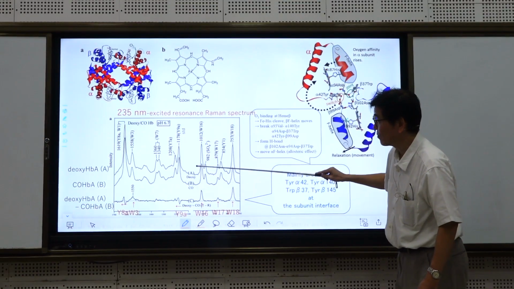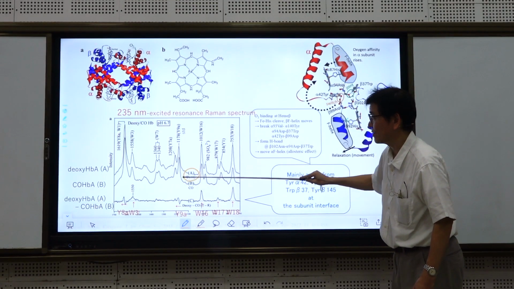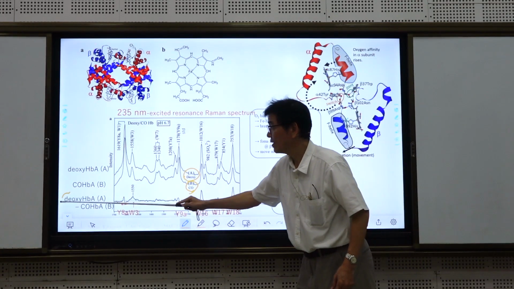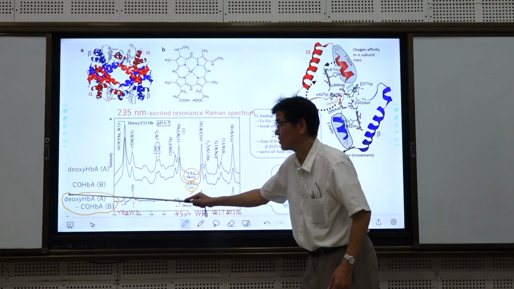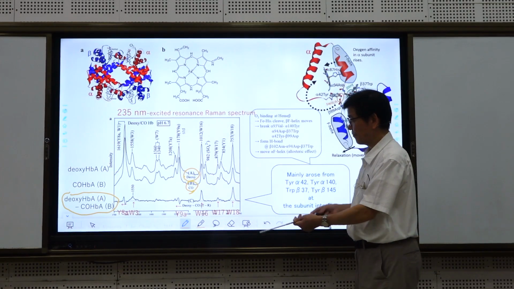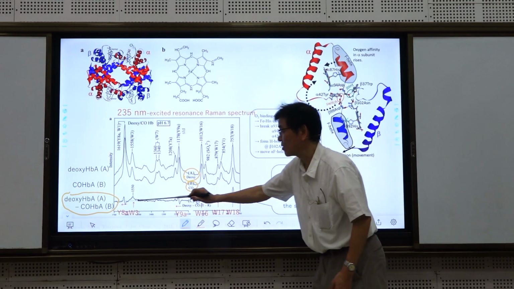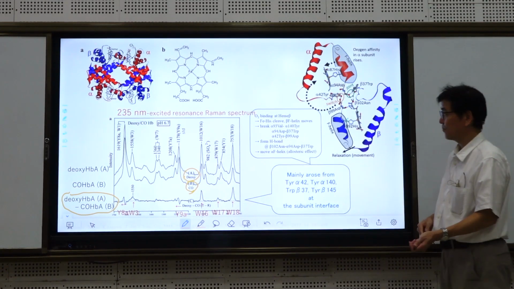Then they compared the deoxy state and the CO bound state. The bottom is the spectral difference, and we see some positive peaks, negative peaks, or peak shifts.